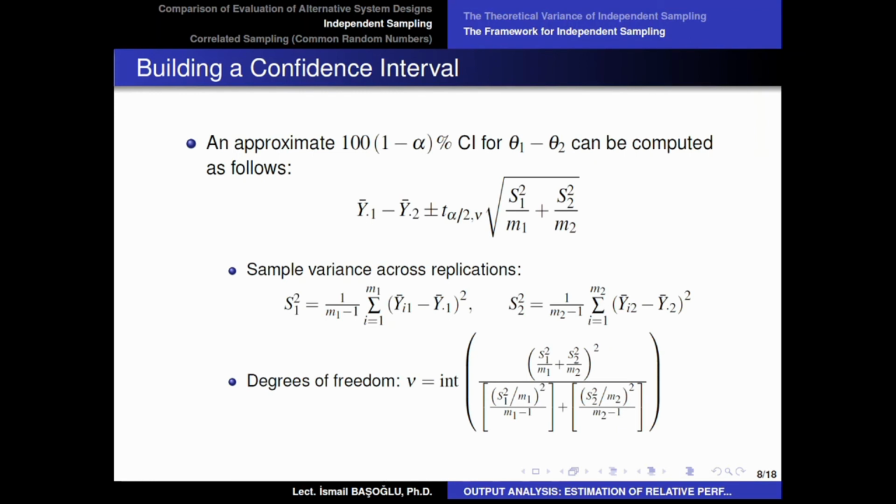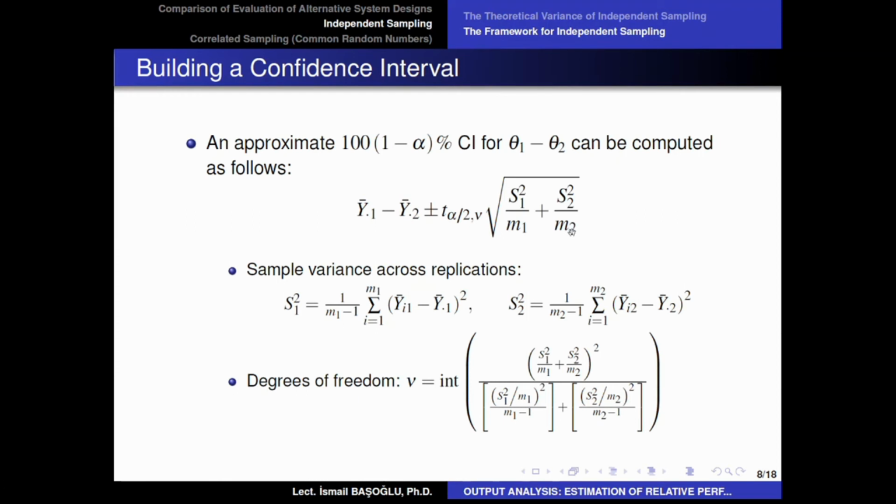Now, how do we build a confidence interval for independently sampled simulation runs? So let's just say this is the average across replications for the first system design. This is the average across replications for the second system design. This is the sample variance across replications for the first system design, and this is the sample variance across replications for the second system design.